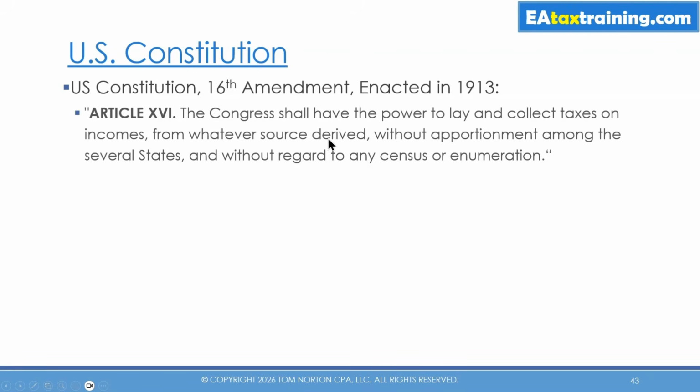Previous to the 16th Amendment, there had been an income tax in place in the 1800s. However, the Supreme Court said it was not constitutional, and so this 16th Amendment was enacted and put into place in 1913. But again, not something we're going to have to cite to the IRS, but you do need to know that this is the top of the heap.